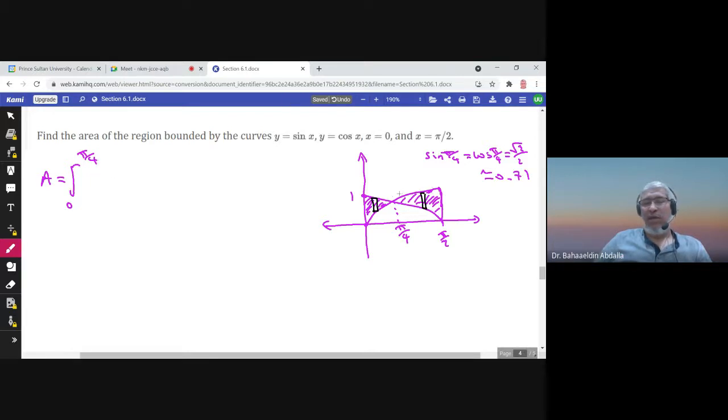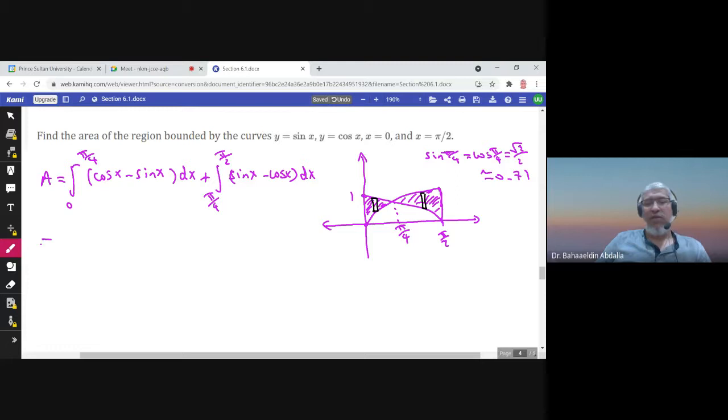The length of the rectangle is cosine minus sine in this region, plus, from pi over 4 to pi over 2, in this region, the length of the rectangle is given by sine x minus cosine x, and the width is dx.